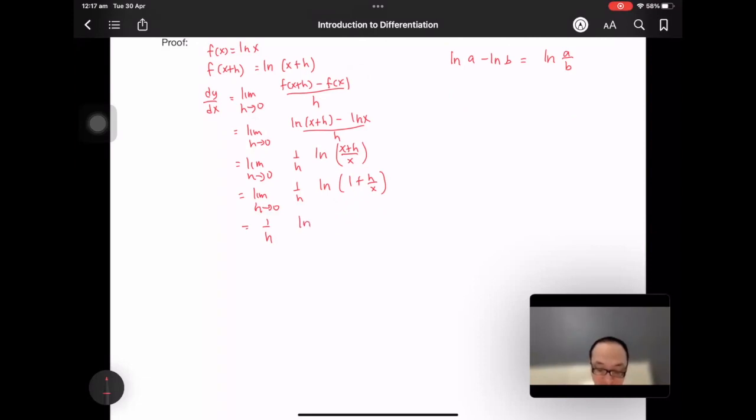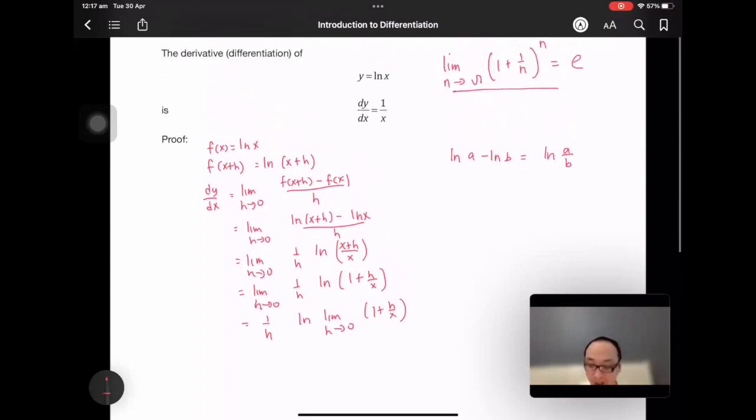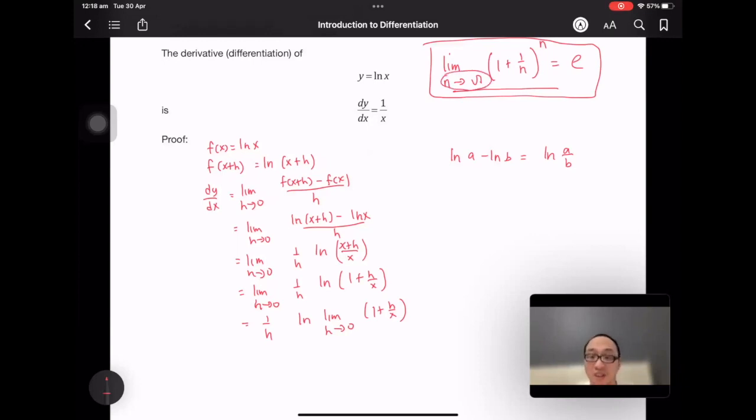I have ln of the limit as h approaches 0 of (1 plus h over x). Now we have to change this form into this form. We see that it applies for the limit as n approaches infinity of (1 plus 1 over n) to the power of n. So to make it equal to e, we have to make n the infinite value. This is 1 over n, and the power is n.